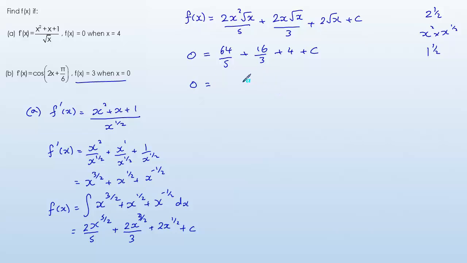So I think we need a common denominator here of 15. 64 times 3 is 192. 16 times 5 is 80. And 4 times 15 is 60.